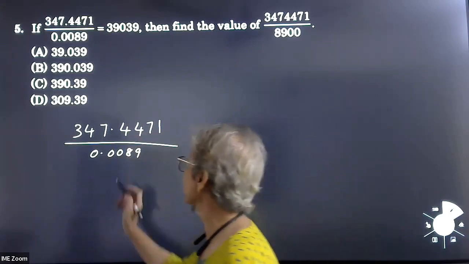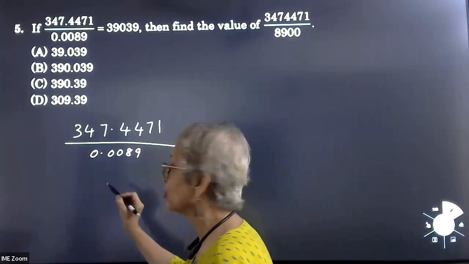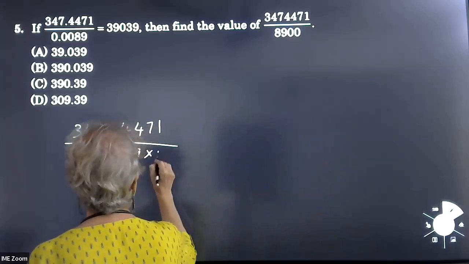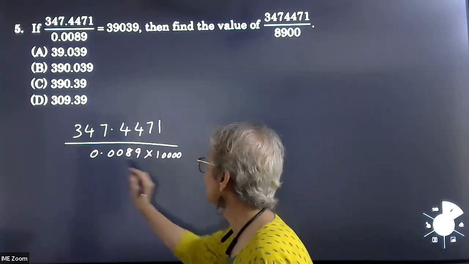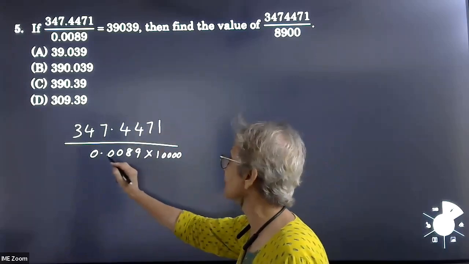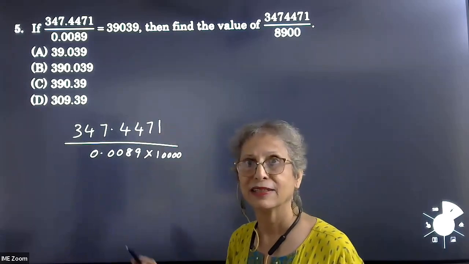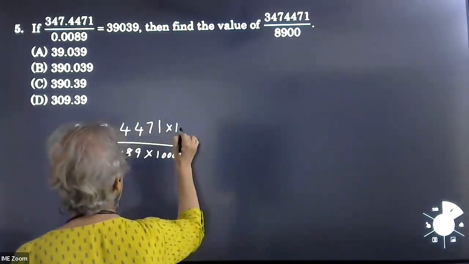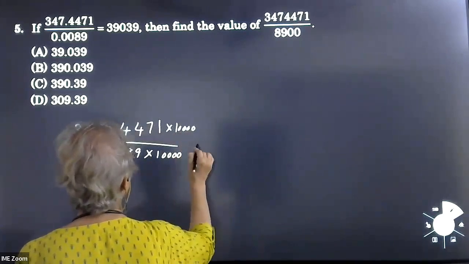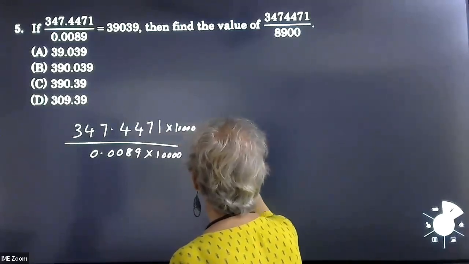So it becomes easy. Now, how many digits are there? 1, 2, 3, 4. So if I multiply this by 1, 2, 3, 4, 4 digits, 4 zeros. So the decimal point will get shifted up to here and then we will have 89. But the same thing is to be done here. And then what will happen? The decimal point will go 3, 4, 7.